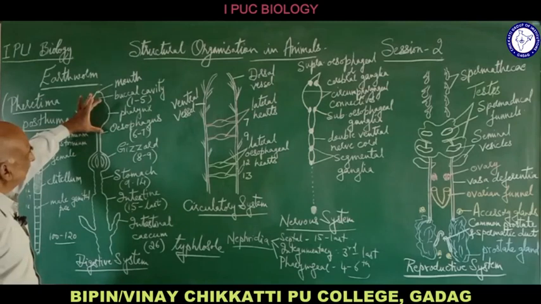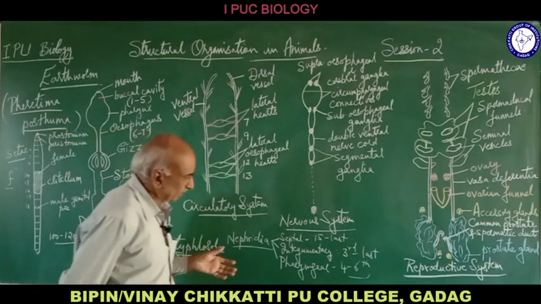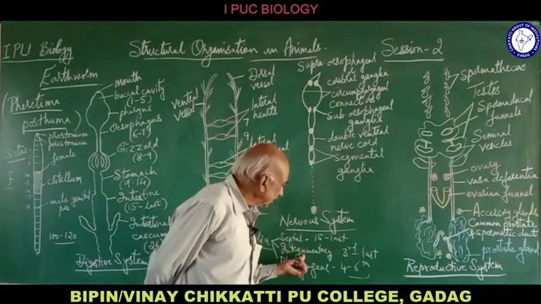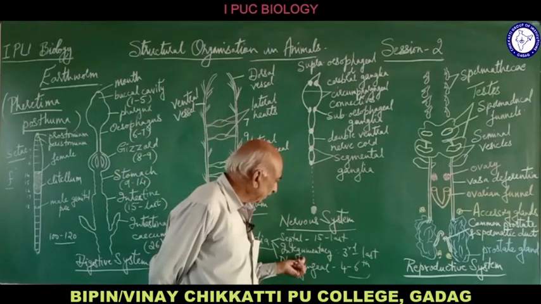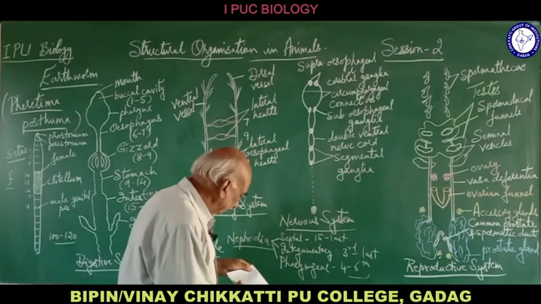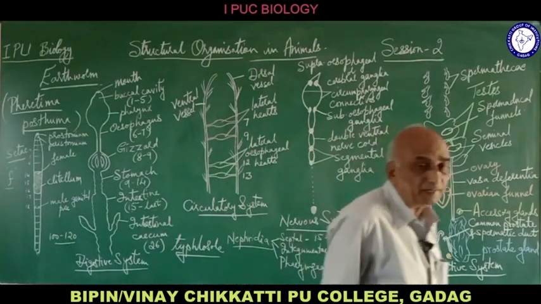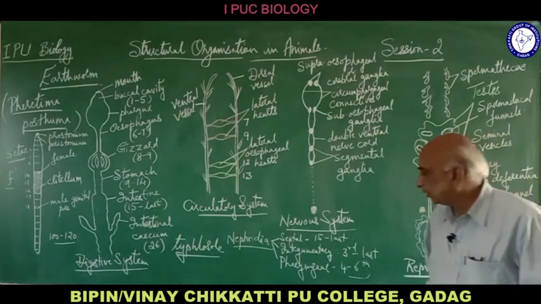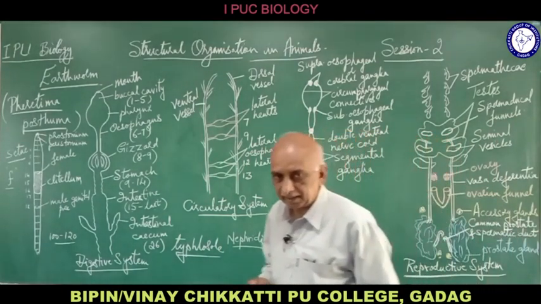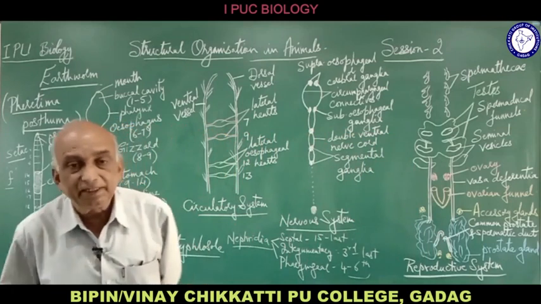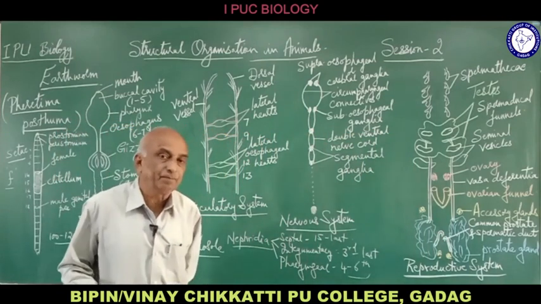Based on the position, they are referred to as septal, integumentary and pharyngeal nephridia. Whatever the type of nephridia, structurally they differ from each other, but the functions are the same.